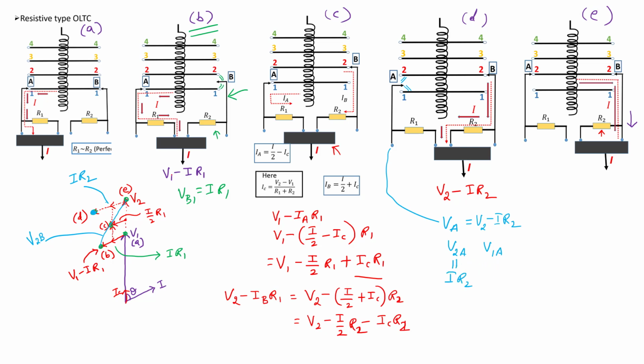But what is V1A? V1A, you can see, you have to do the phasor diagram here. So node A is here at D only. So this phasor corresponds to V1A. Okay, so this is how we find the voltages between the moving arm and the approaching tap or leaving tap, which is important for design considerations. Thank you.